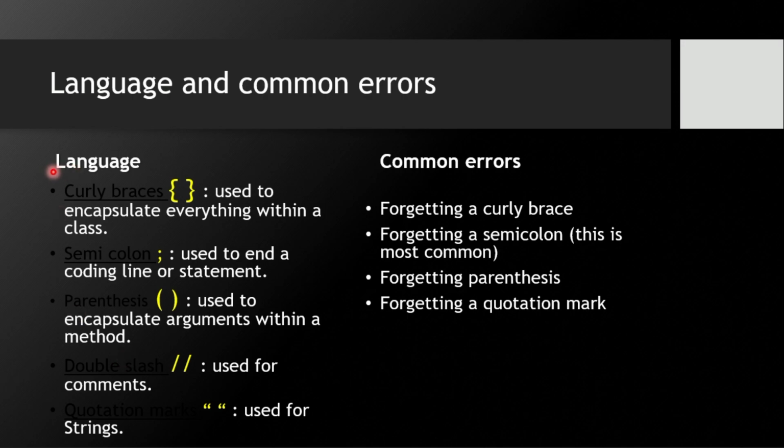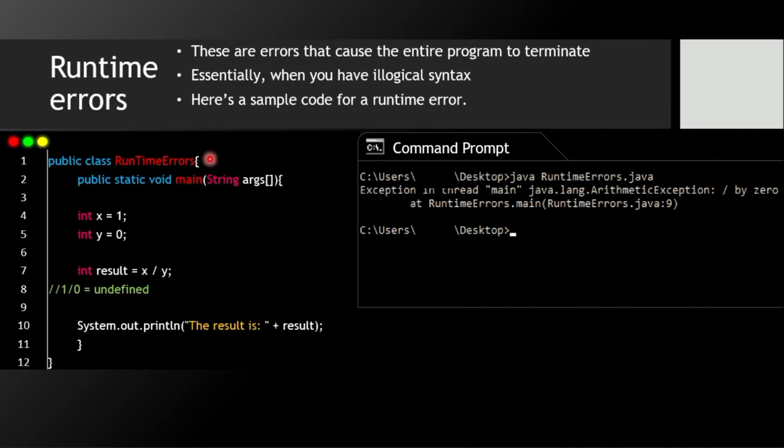So before we get into that, we talk about the language, and we have curly braces, and these are used to encapsulate everything within a class. Like I said earlier on, we have this class here. Everything that is within this operation here is encapsulated by this class. Remember, in our introductory video, we talked about what classes are and how they actually operate.